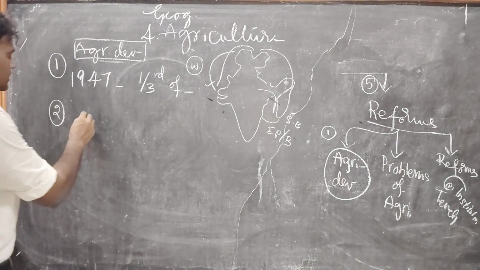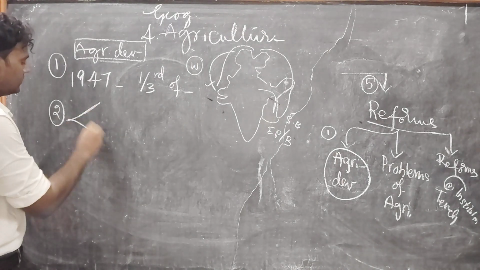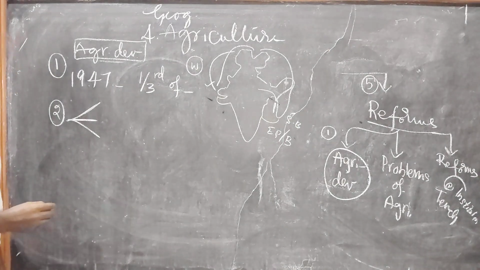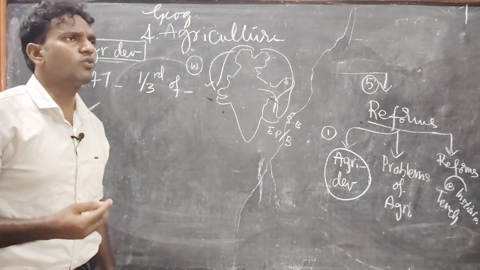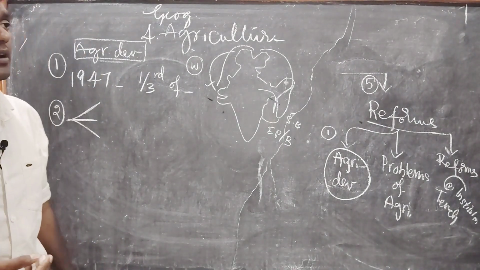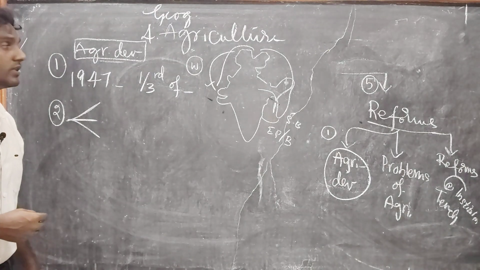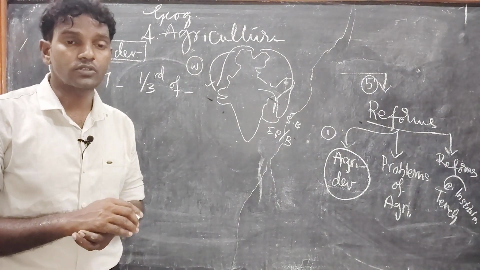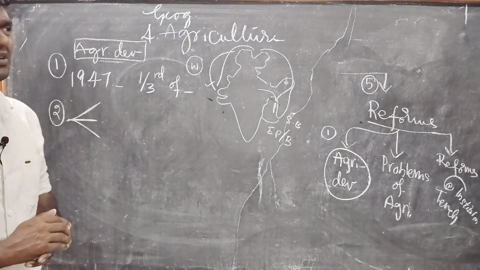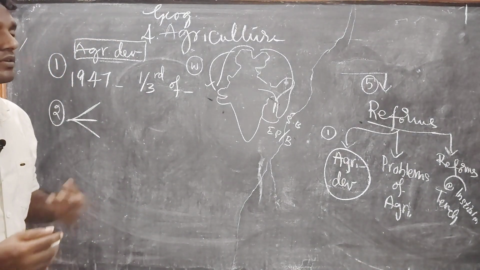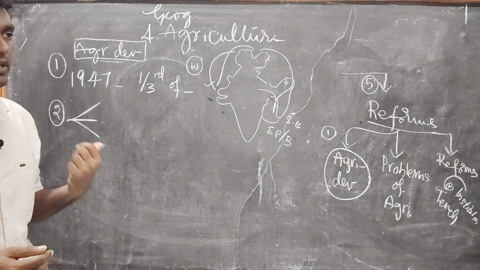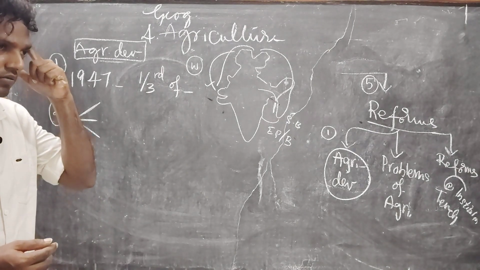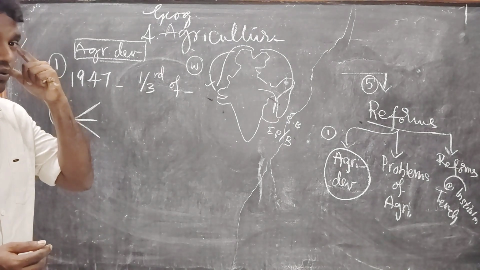The first thing is the entire cropland. We had been cultivating so many commercial crops. At that time, the British introduced so many commercial crops: coffee, tea plantation, as well as indigo cultivation.